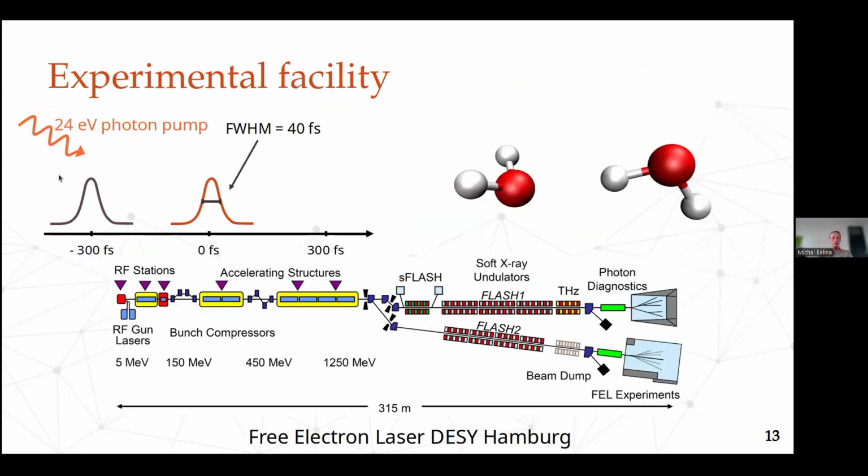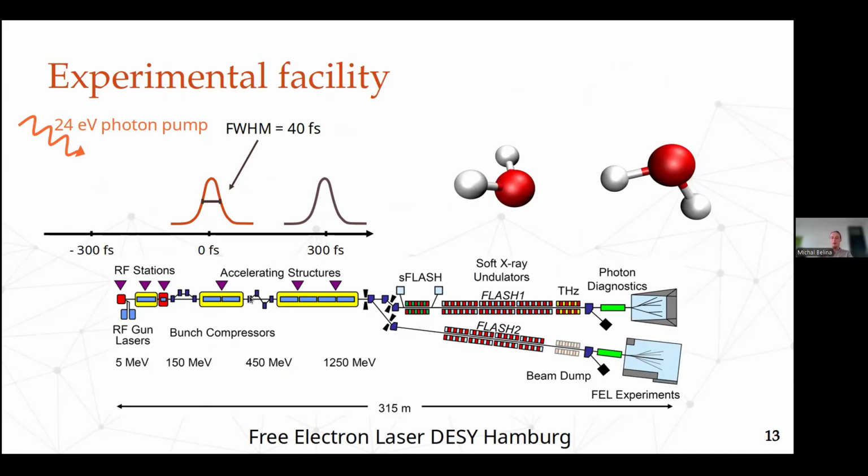So this is just another slide of the experimental setup. As the same energy was used to pump and probe, there were just two pulses scanned continuously from minus 300 to 300 femtoseconds, and one always counts as the pump and the second as the probe.